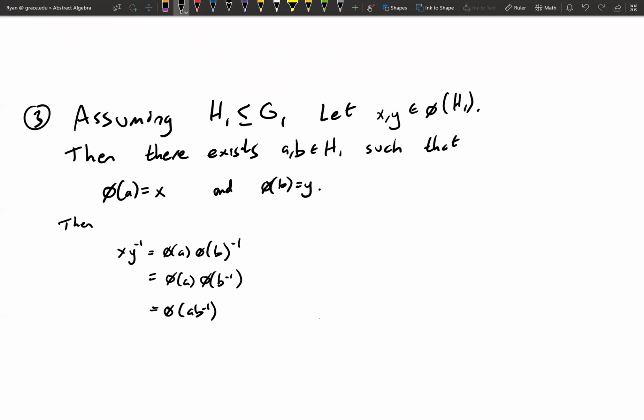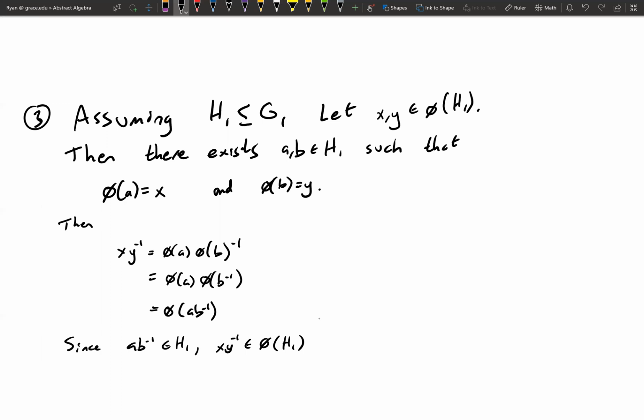And then where is A and B inverse? Well, since AB inverse is an element of H1, because H1 is a subgroup, XY inverse is an element of phi of H1, by definition of what phi of H1 is. And that completes the proof.